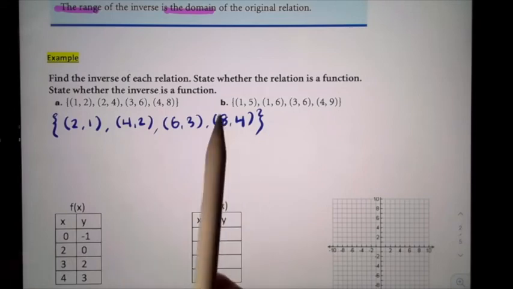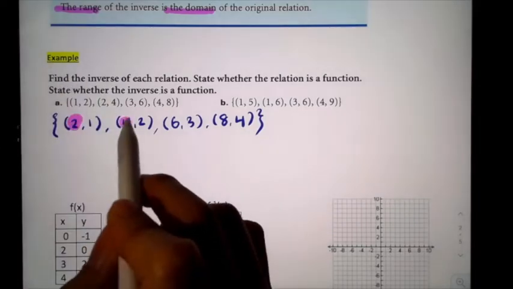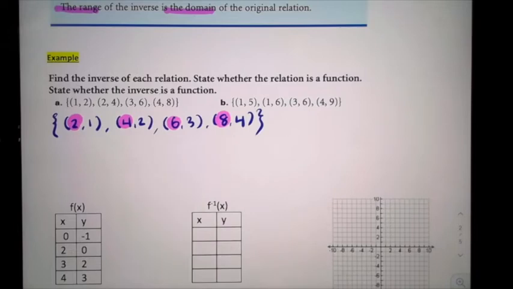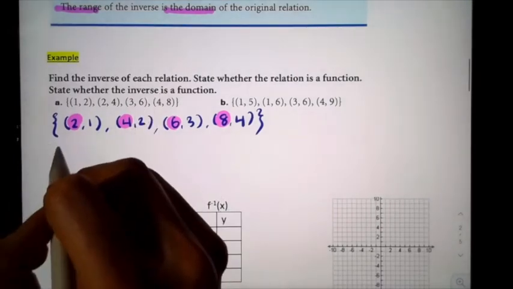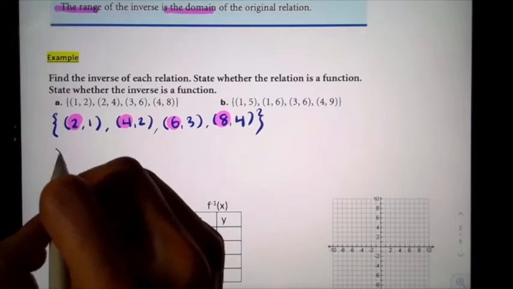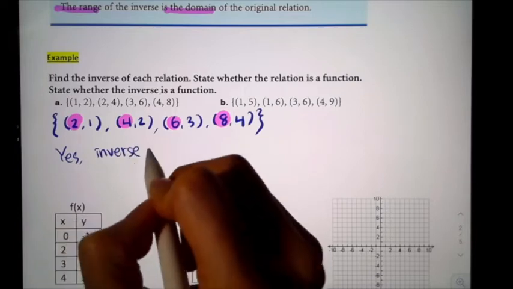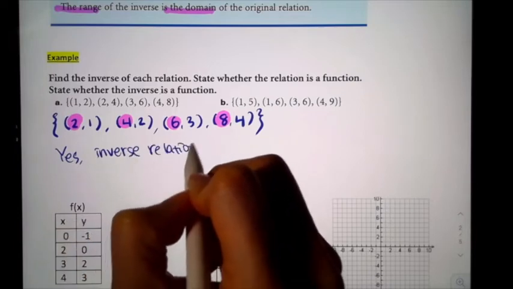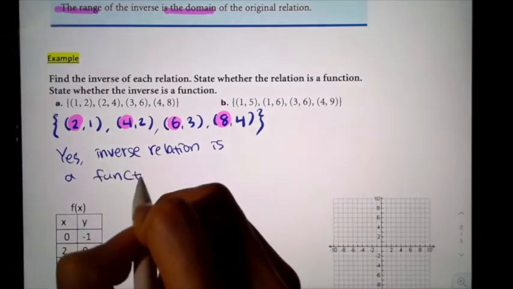And it says, state whether the relation is a function. To figure out function or not, we need to check our x values, whether they're repeating or not repeating. So look, 2, 4, 6, 8. It's not repeating, so that's a function. The inverse relation is a function.